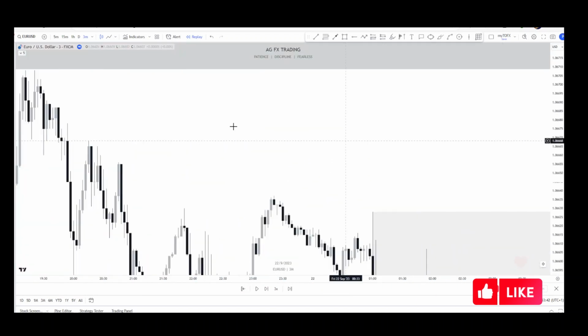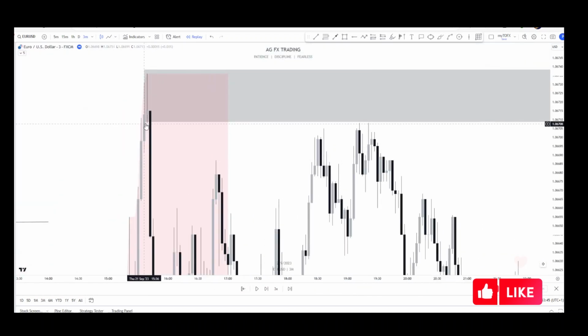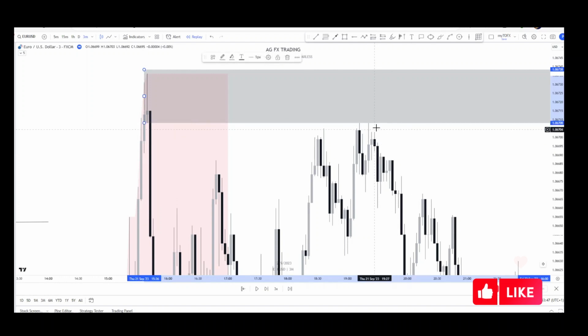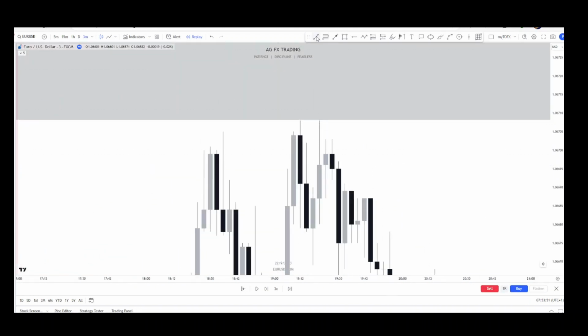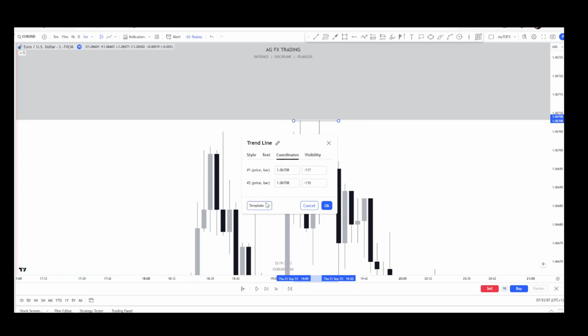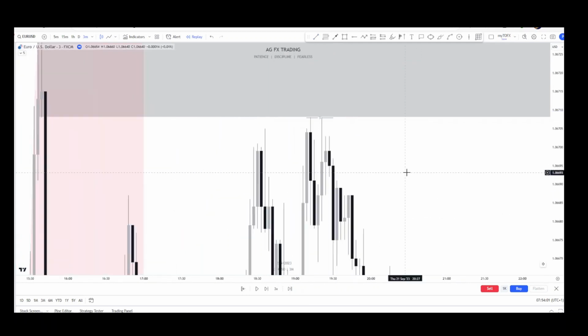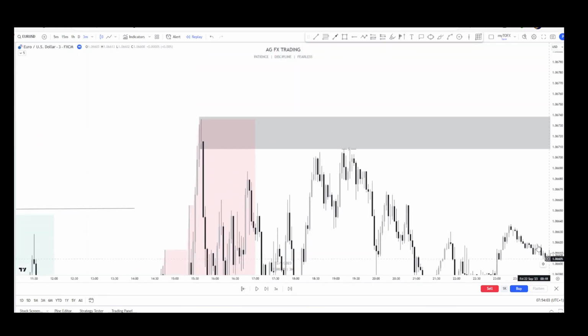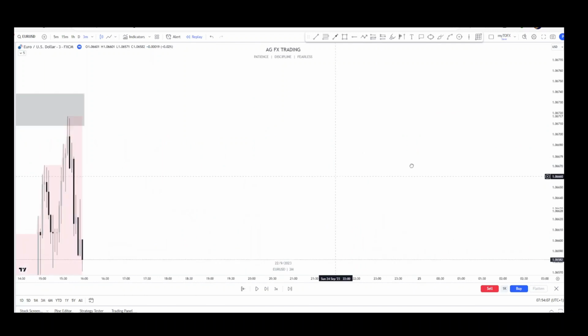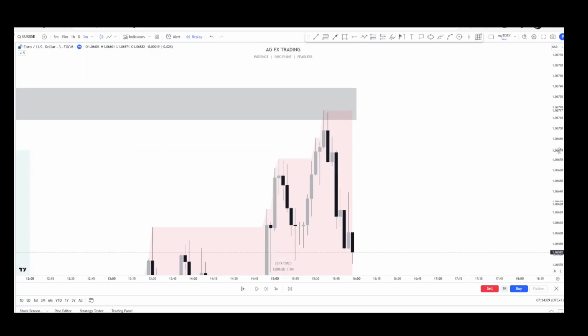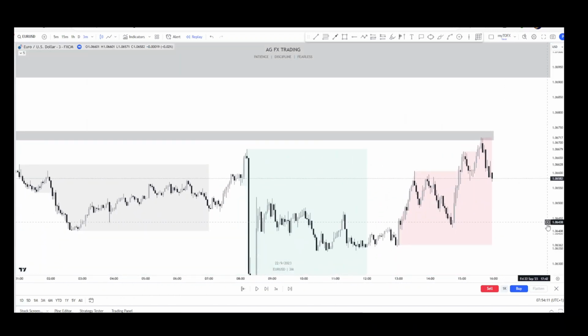Yeah, it has been kind of kissed one way or the other, but not fully. And if you look at this right here, this is like equal high here, and it didn't mitigate. So in my mind, I was like, okay, what if price comes to mitigate this 3 minute order block, and then we shift? You understand?